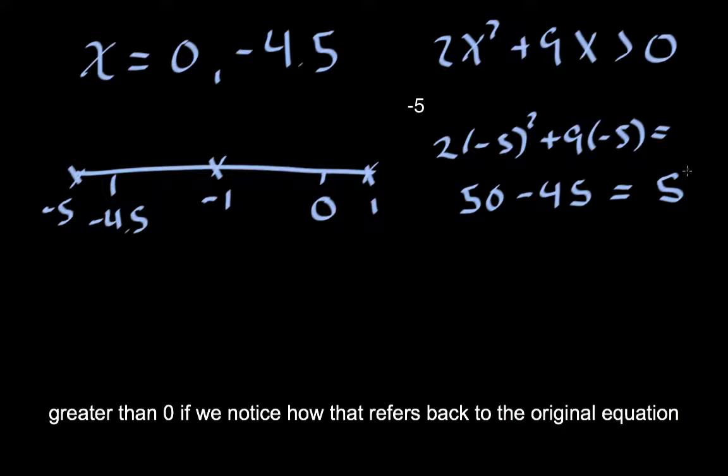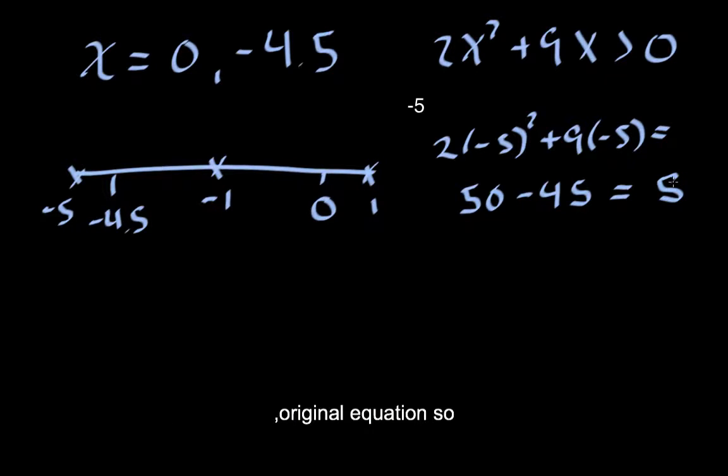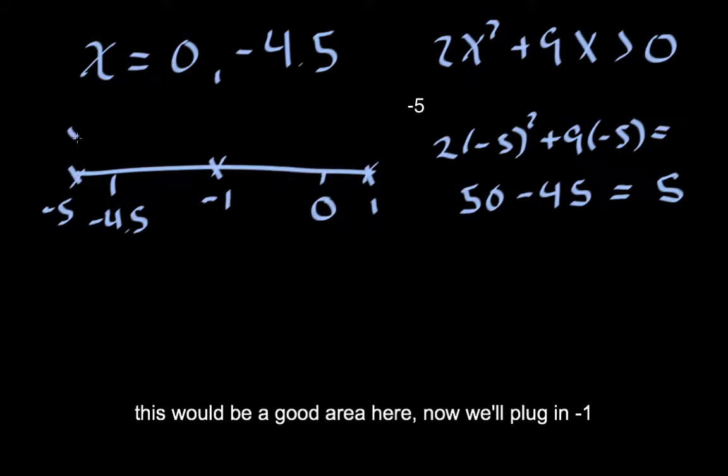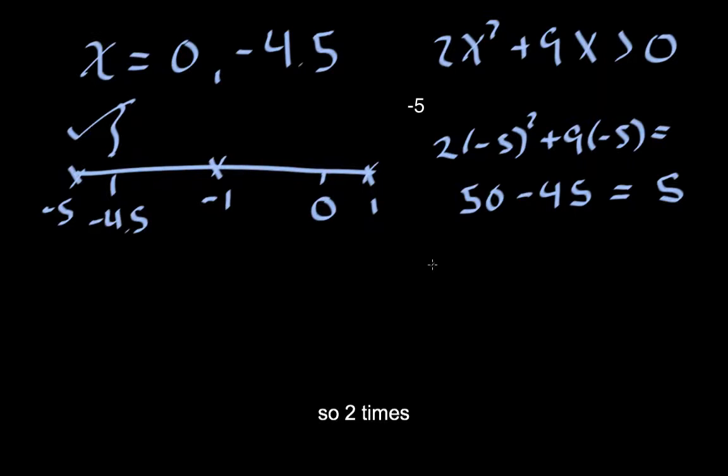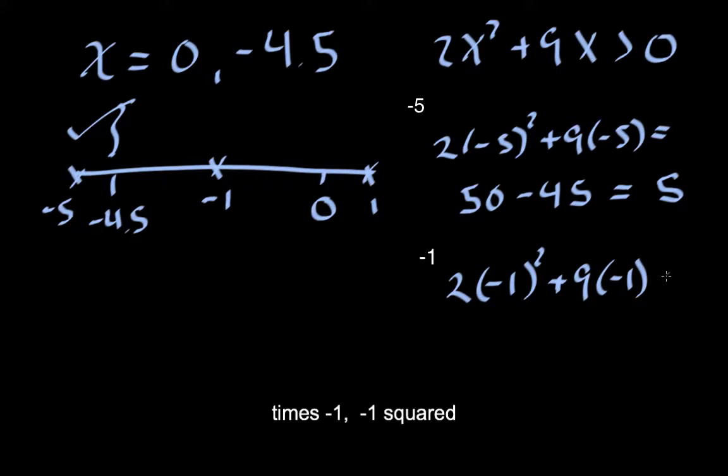If we notice how that refers back to the original equation, so this would be a good area here. Now we'll plug in negative 1. So 2 times negative 1 squared plus 9 times negative 1.